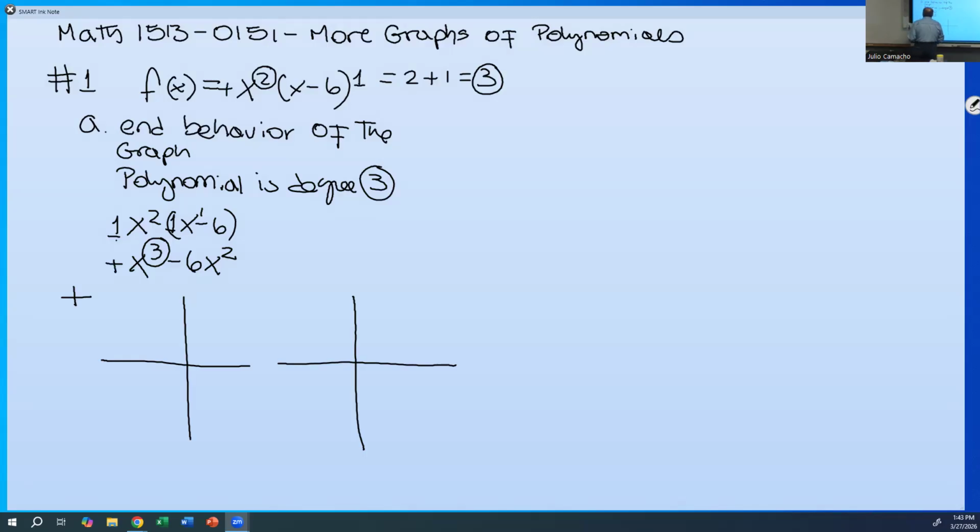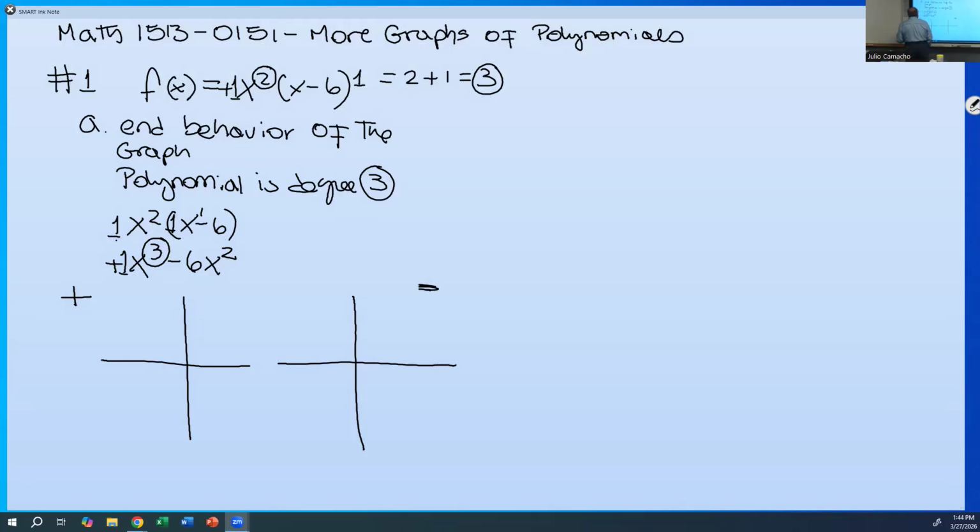That means the leading coefficient is positive, plus 1, plus 1. That is called the leading coefficient test. You do the leading coefficient test and find out that the leading coefficient is positive, then the function is positive. If you have a negative in front of the whole polynomial, that means the function is negative.